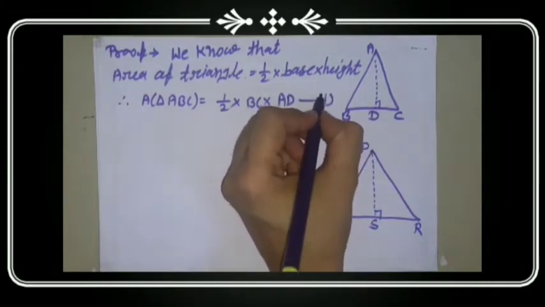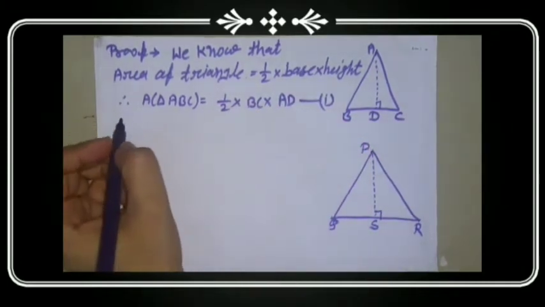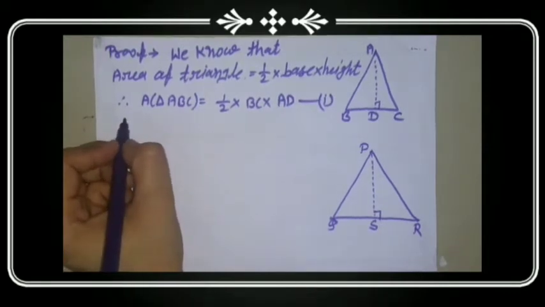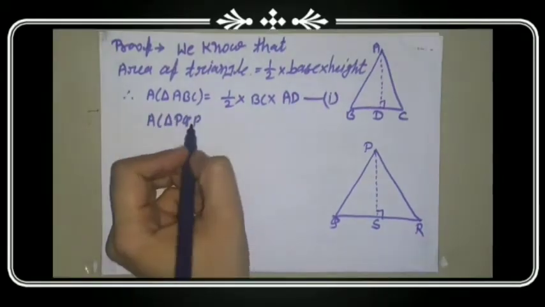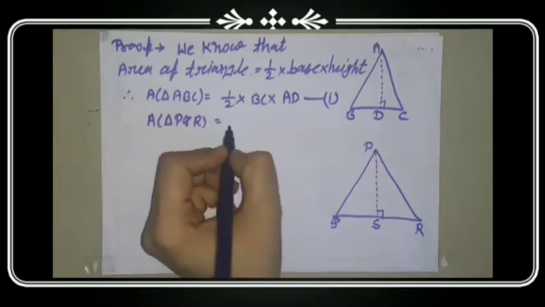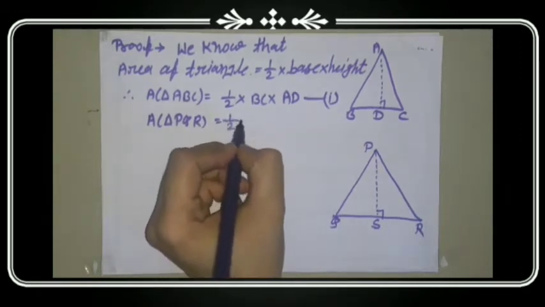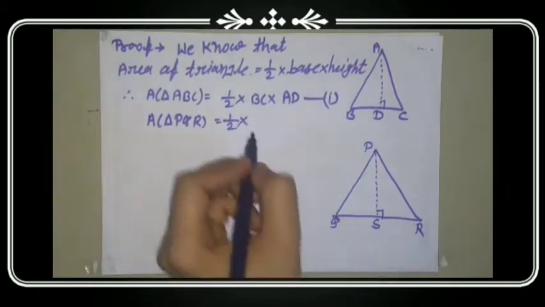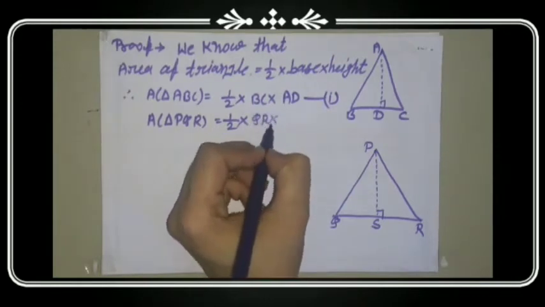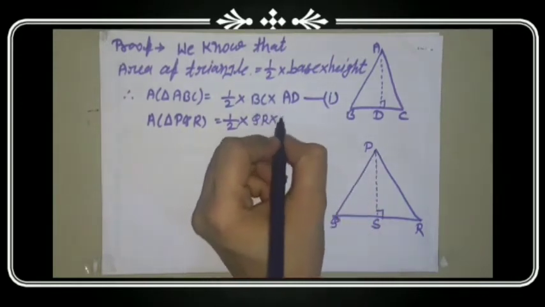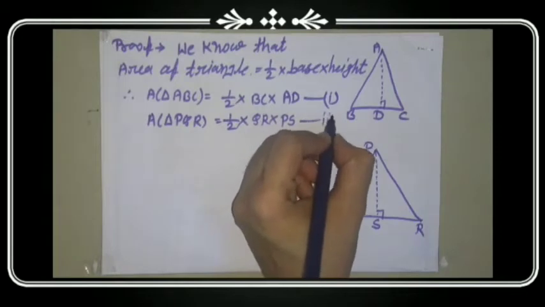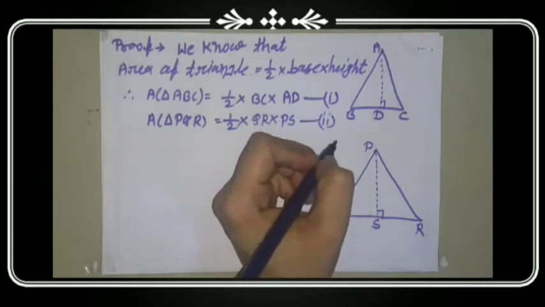It is denoted by first equation, and area of triangle PQR equal to half into base means QR into height means PS. It is denoted by second equation.